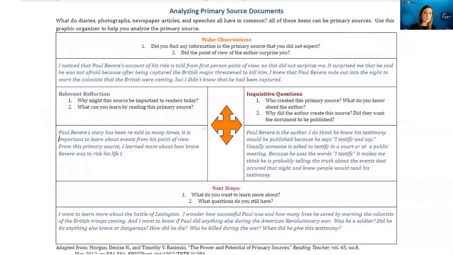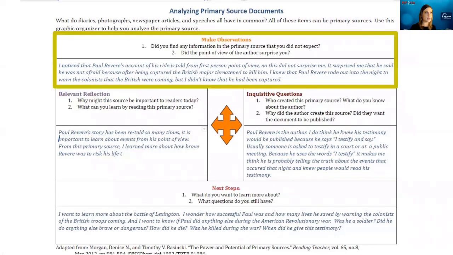So as we see, the student identifies that this is a first-person point of view. And let me just zoom in on the top question here. And although many students know the basics of Paul Revere's famous ride, this student was surprised to learn that Revere had been captured, threatened, and yet claims he was not afraid.